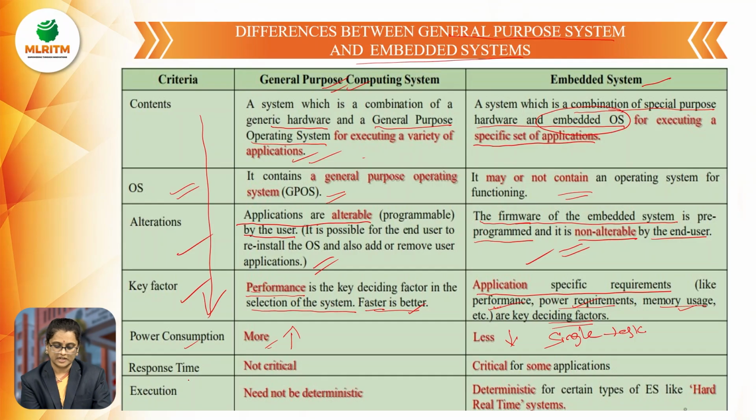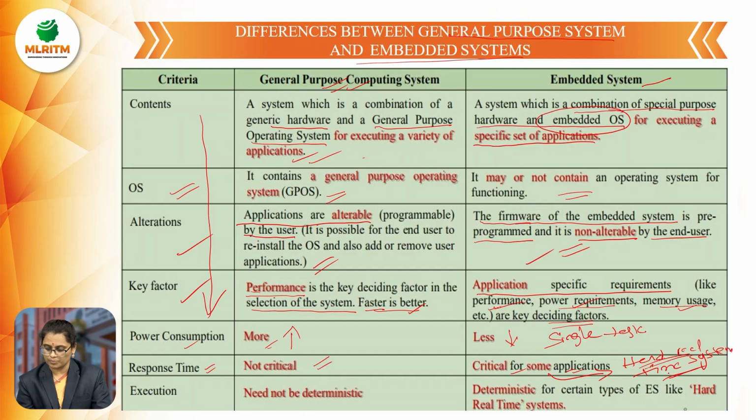Okay, and then response time. Response time is not critical in a general purpose system, and it is critical for some applications, not for all applications. These are applicable in hard real time systems. We have two types of systems, soft real time and hard real time.